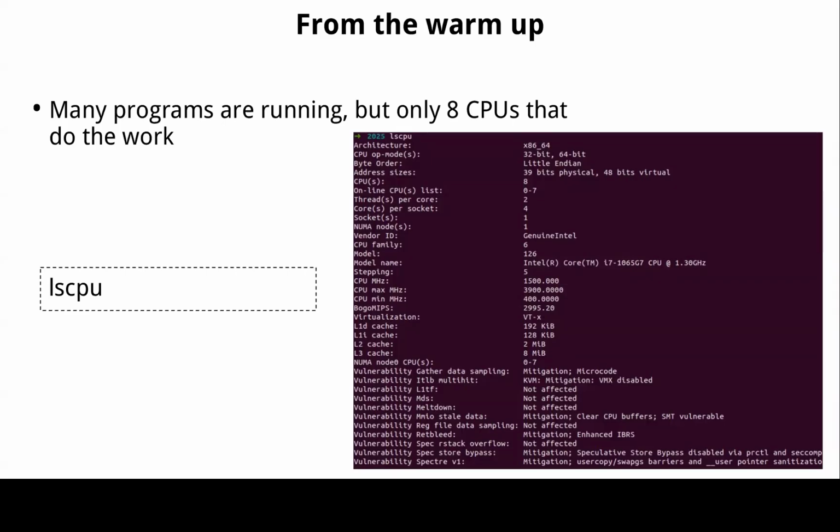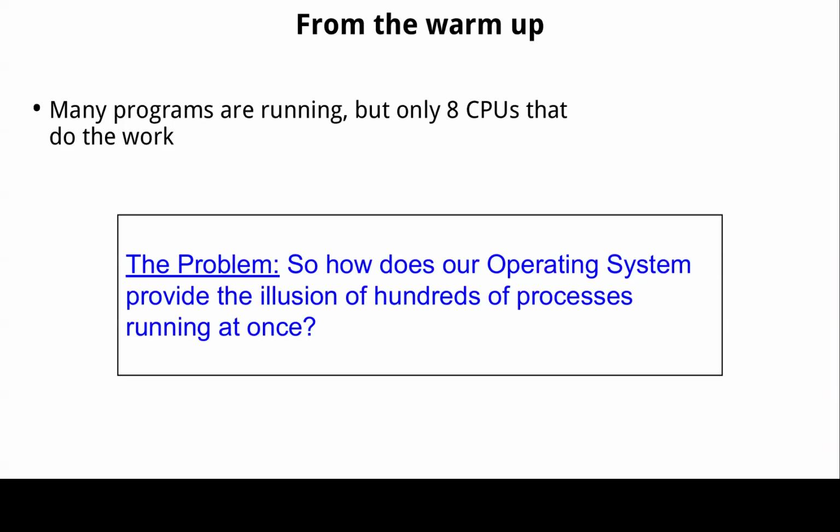Even though the CPU technically can support up to 64-bit, we're not really using the full 64-bit at this moment. I have 8 CPUs on my laptop. Each of them has 2 threads. Let's ignore that part. That will make things very complicated. So just assume I only have 8 CPUs here, but I'm running over 300 processes at the same time.